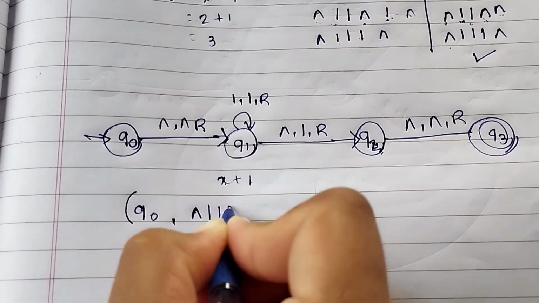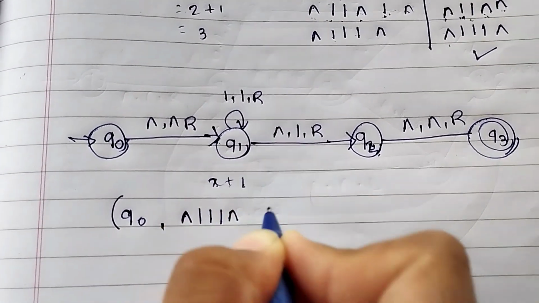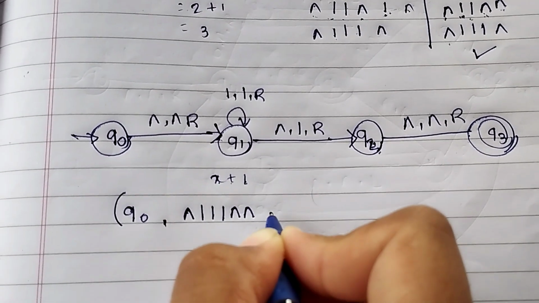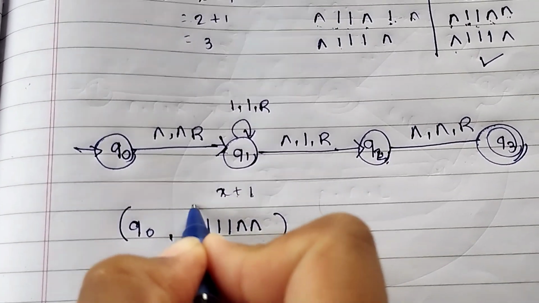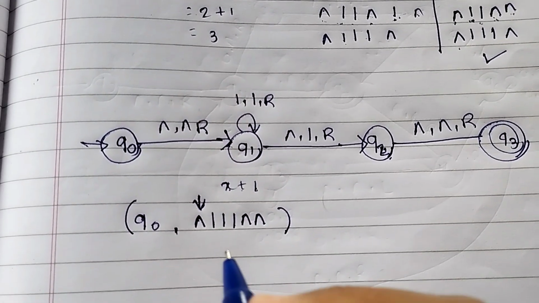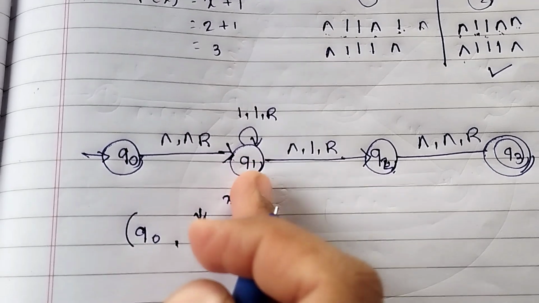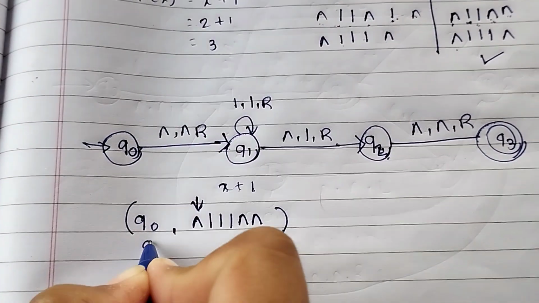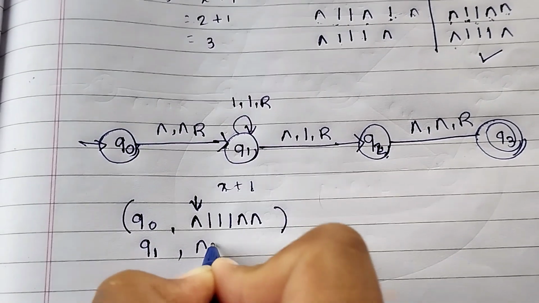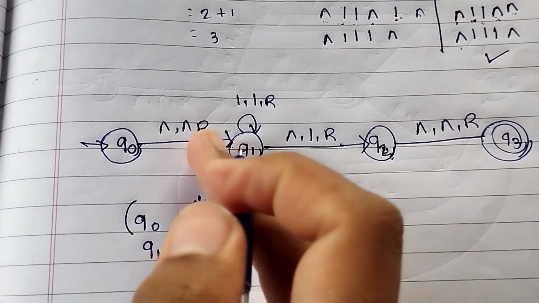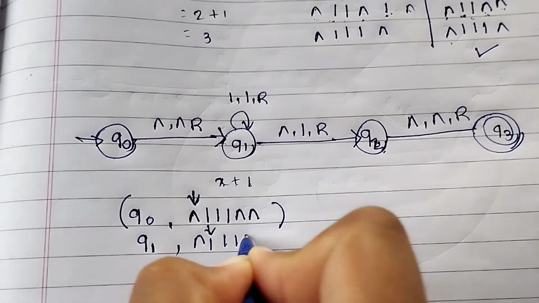So 1, 2, 3, and for this plus value we consider null. For this 1 value we consider null. And this is the first Q0 state. In this Q0 state, first we read the null value. When you read the null value, keep the null value as it is and move to the Q1 state. So we reach the Q1 state. The null value, we now read 1 because we move to the right side. Now all the remaining symbols stay as they are.